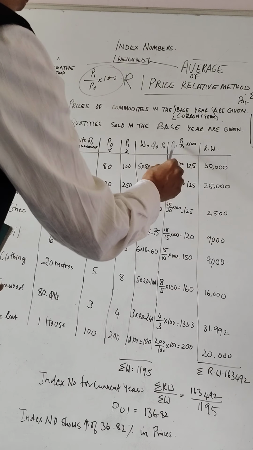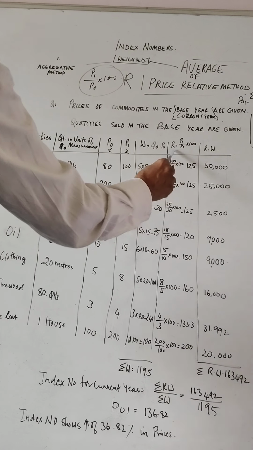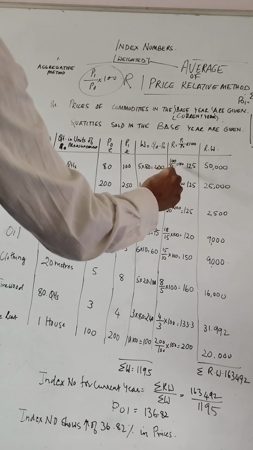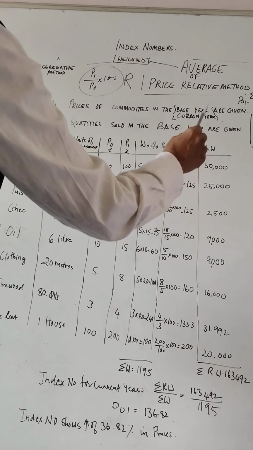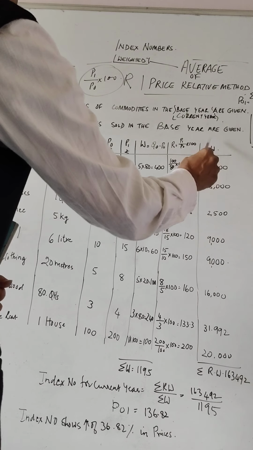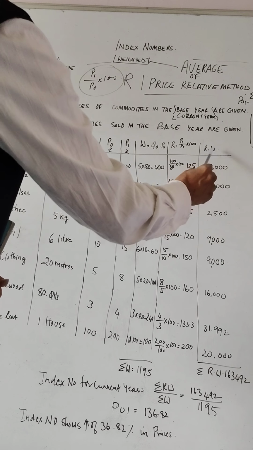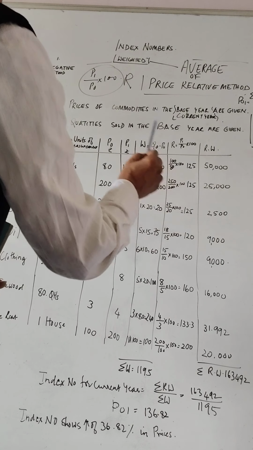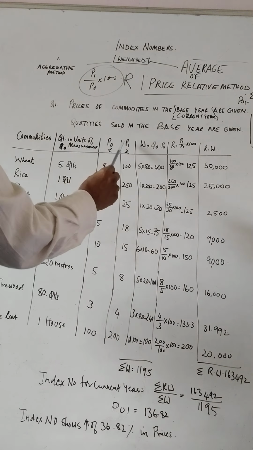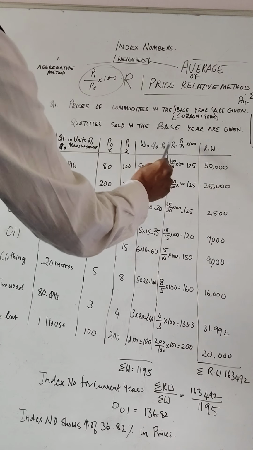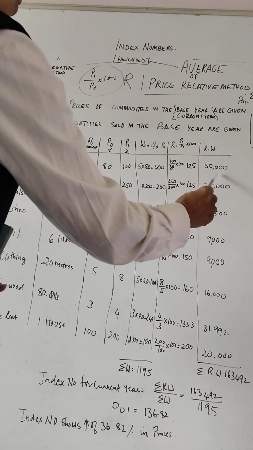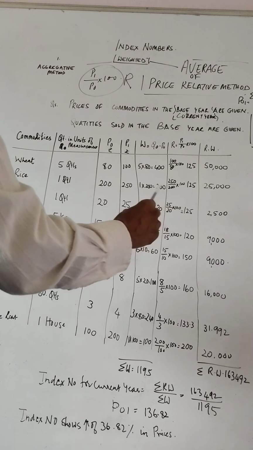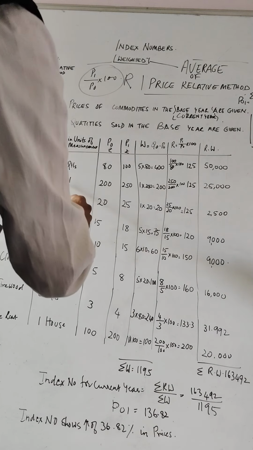Now we're going to work out R. What is R? Price relative, that is P1 upon P0 into 100, 100 upon 80 into 100, which is equal to 125. And we're also going to work out R into W, that is the price relative into the W that we worked out. So R into W is 400 into 125. Please check.